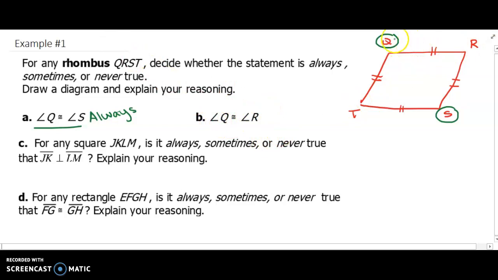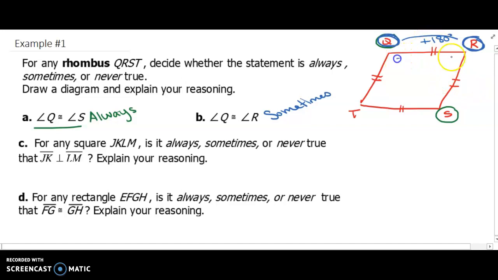Let's look at B now. It says angle Q is congruent to angle R. Always, sometimes, or never? This would be sometimes. Remember that in a parallelogram, these angles are supplementary.